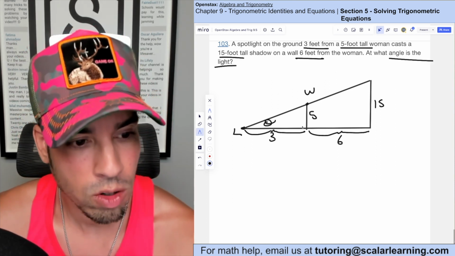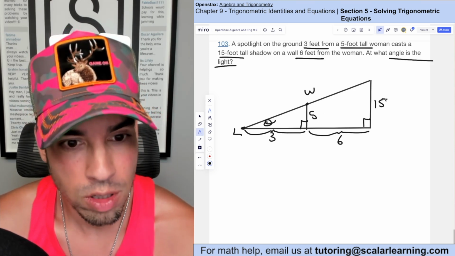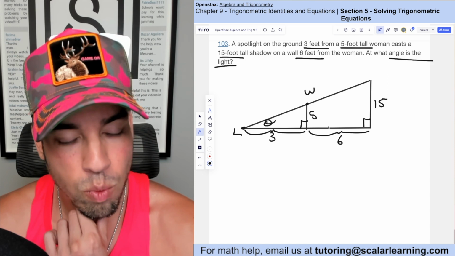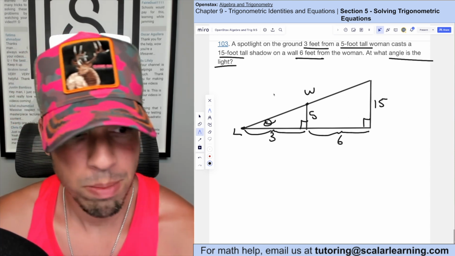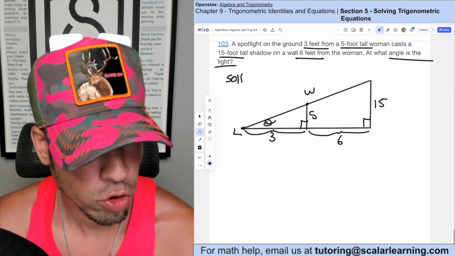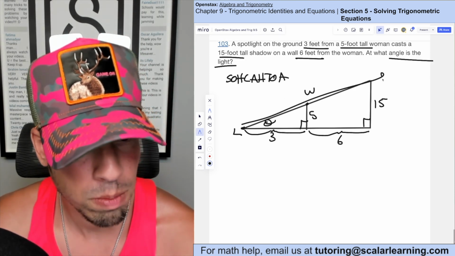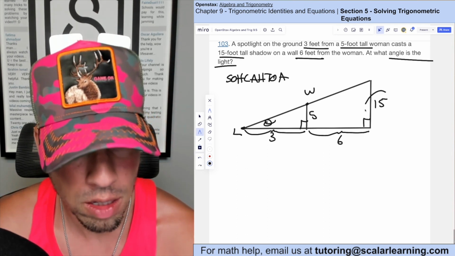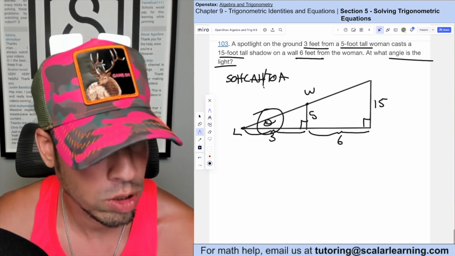So we got a lot going on. Now, what this means is we've got two separate triangles, and we can use either of which to calculate this theta. Just for fun, I'll do it with the big triangle, and then the question is, what trig function do we use? So I'm going to write out SOHCAHTOA, and if we're talking about this big triangle, what I know is the opposite and adjacent side to this theta value, which means we're using tangent.